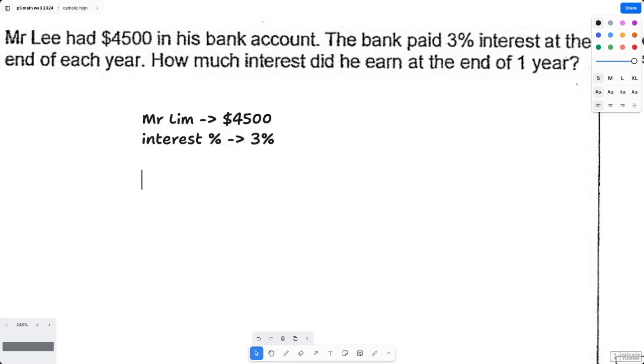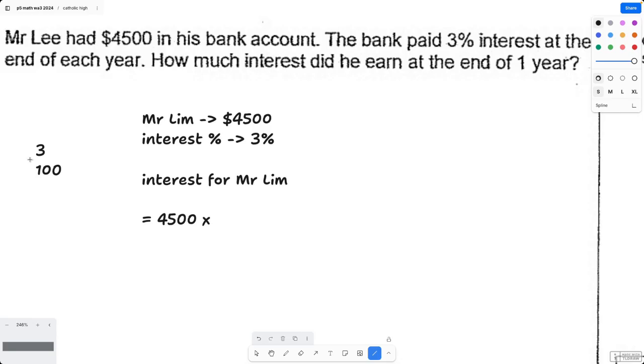So what we can do is we can calculate the interest for Mr. Lee, which is equal to, in this case, 4,500 times, and then we have the fraction 3 out of 100. Okay, I'm going to put a line over here. So we can cancel the 100, okay, and also the 2 zeros in the 4,500 in this case.